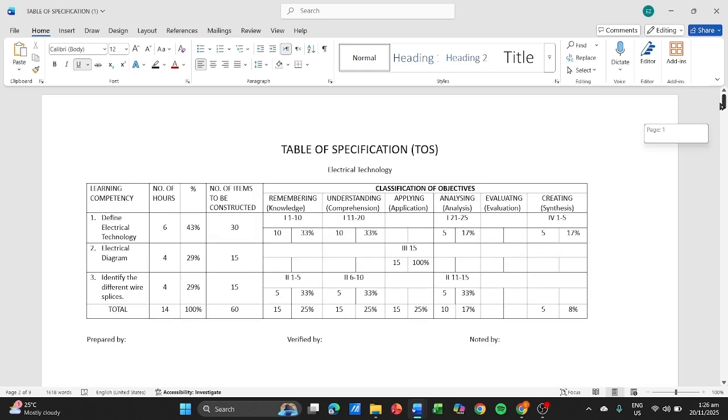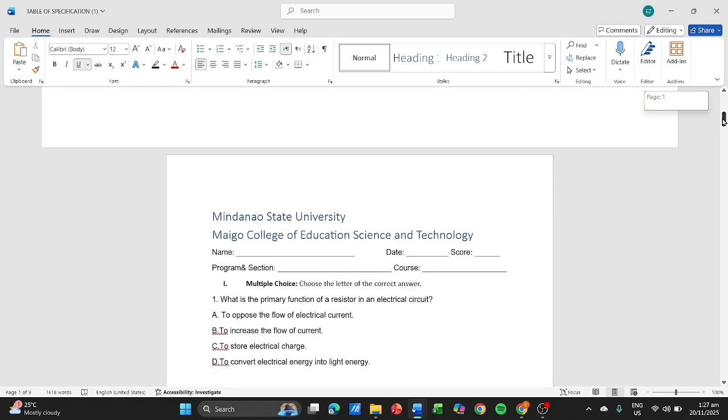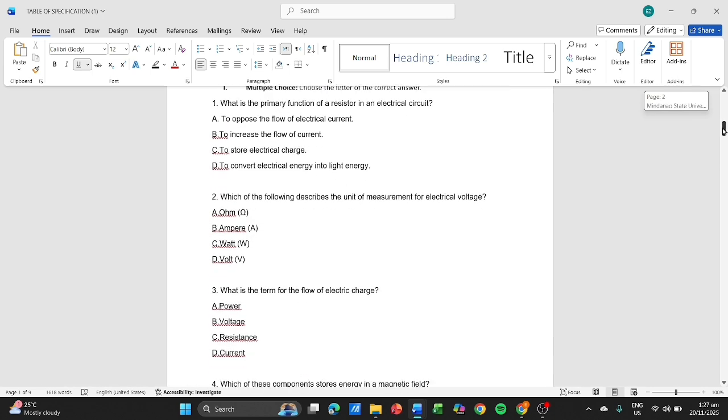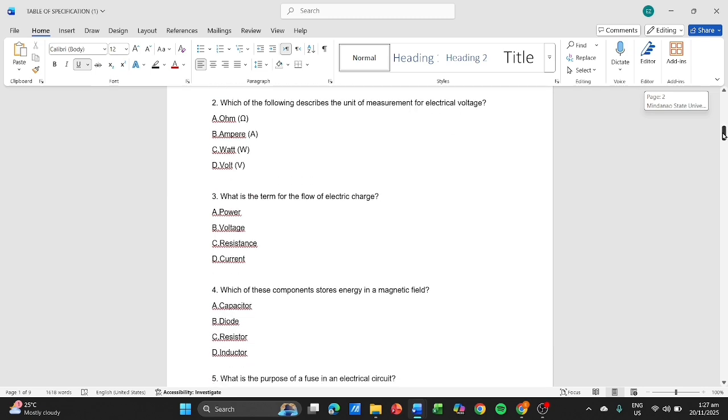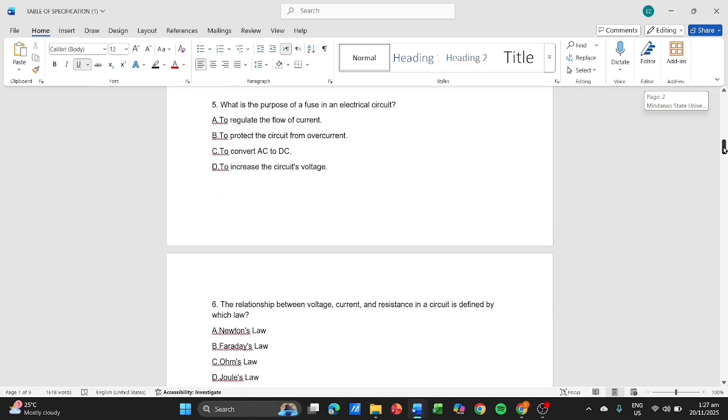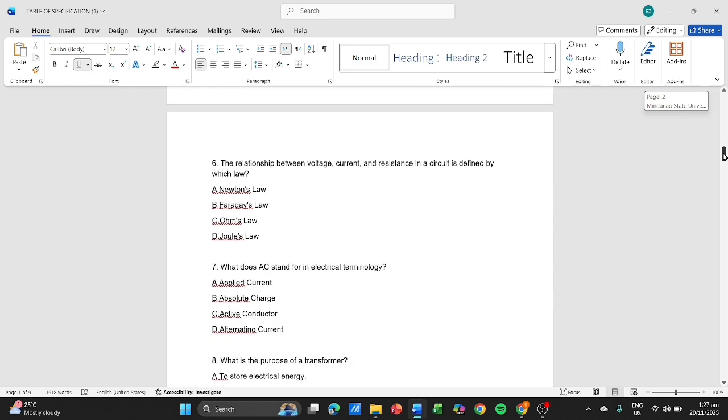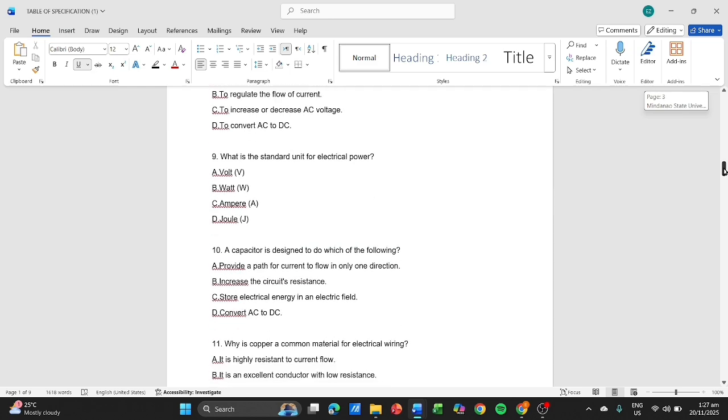So it is aligned with this objective, which is items 1 to 10. So in test 1, the 1 to 10 questions are in the remembering realm or domain. So all these 10 items are aligned in the remembering phase.